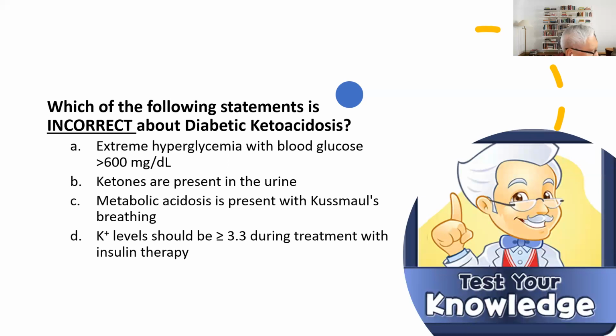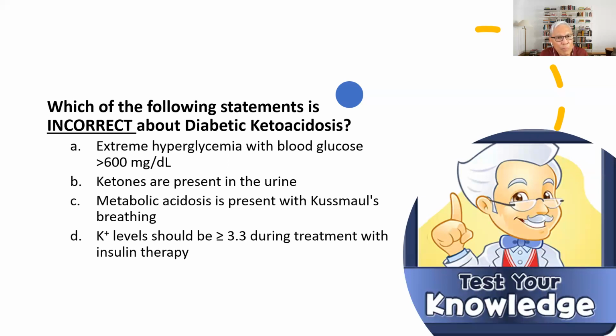Okay, I tricked you with this one. All right, so the difference between diabetic ketoacidosis and the other complication, which we will be discussing next, HHS, which is hyperglycemic hyperosmolar syndrome, is going to be the blood glucose levels. In diabetic ketoacidosis, the rise in blood sugar is rarely above 400.